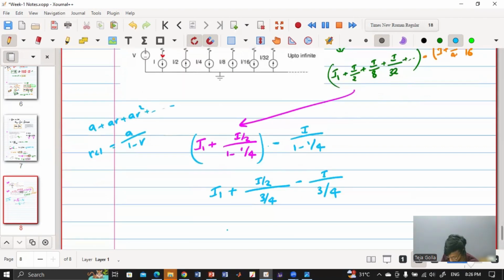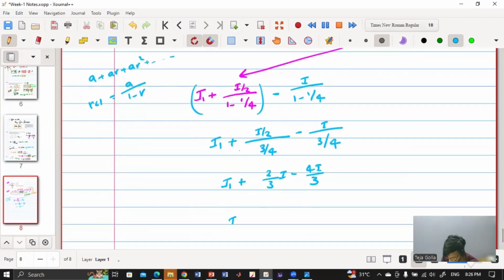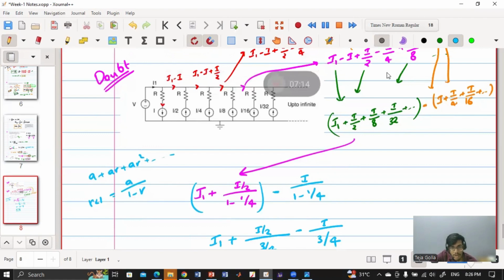So we'll have I1 plus 2 by 3I minus 4I by 3. So this is I1 minus 2I by 3. This is the current that is flowing in the infinite wing, right?